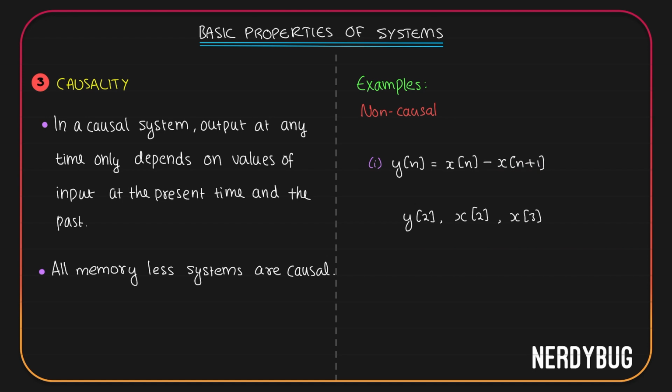So, the system that is defined by this difference equation is gonna need to know the future value of an input. So, it is non causal. Another example is y of t is equal to x of t plus 1. So, to get y of 2, the system would have to know x of 3. That makes it non causal.